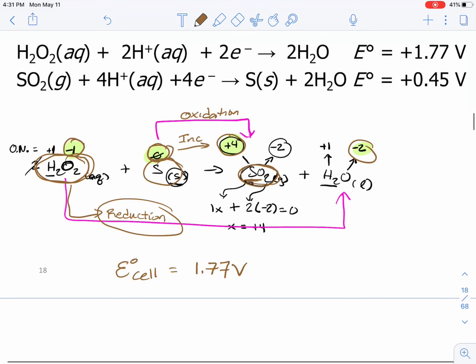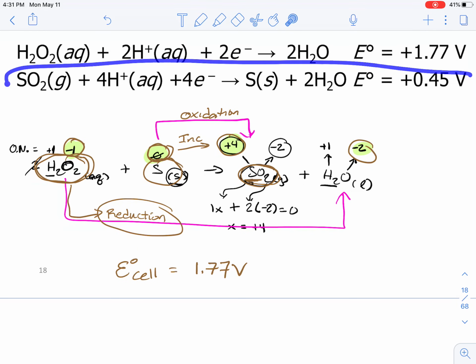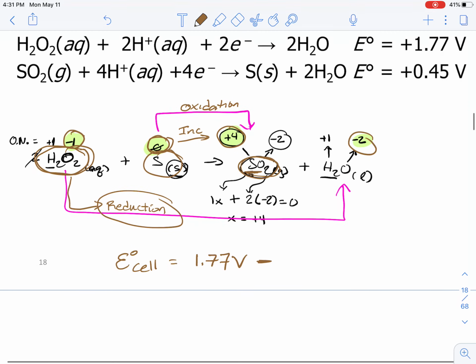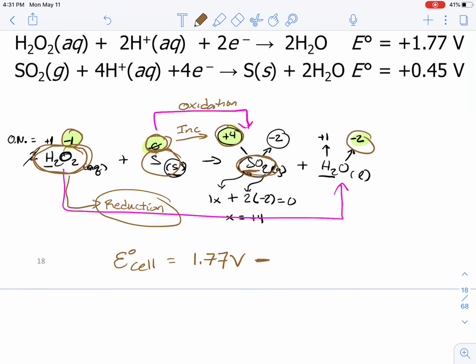The standard reduction potential for sulfur turning into sulfur dioxide needs to be flipped, and what will flip that is the negative sign that's present in the equation.